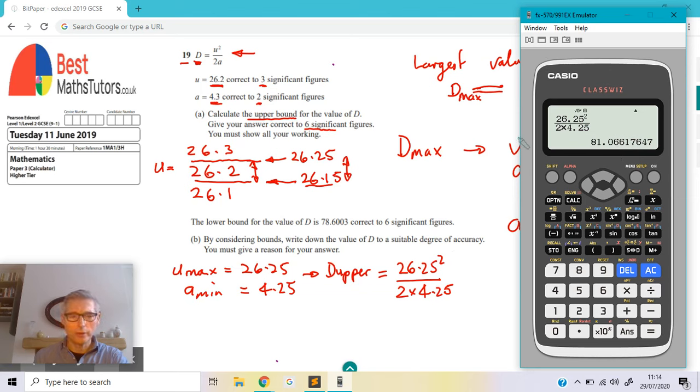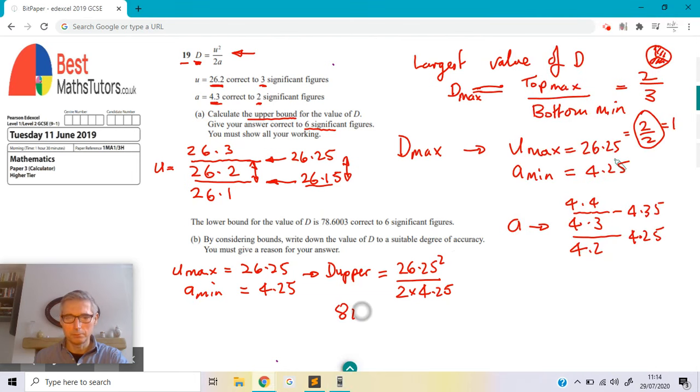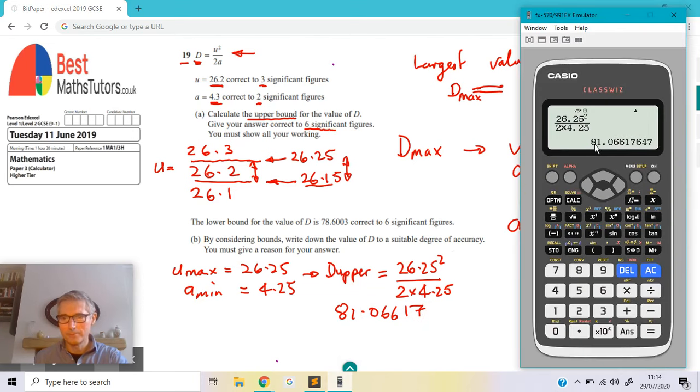And so we're asked to write it to 6 significant figures. So initially what I'm going to do is I'm going to just write down a few more figures than that. So as soon as I start typing on here, the calculator is going to disappear. So I'm just going to try to memorize this. 81.06617. Let's just check that's right. 81.06617647.